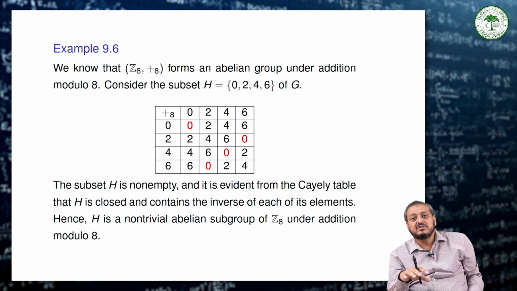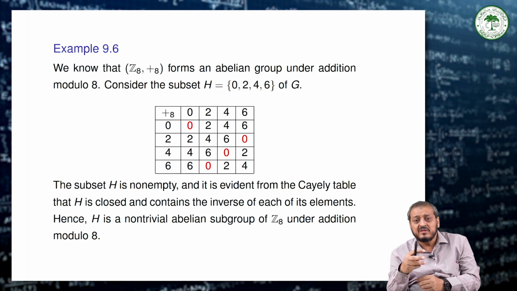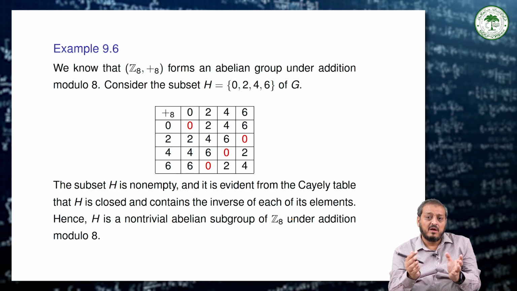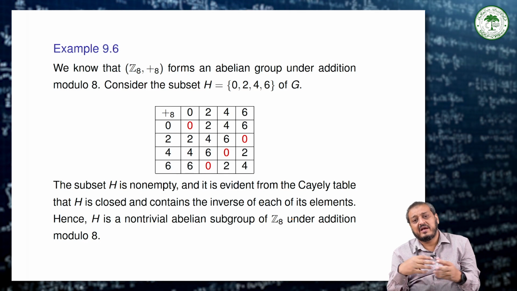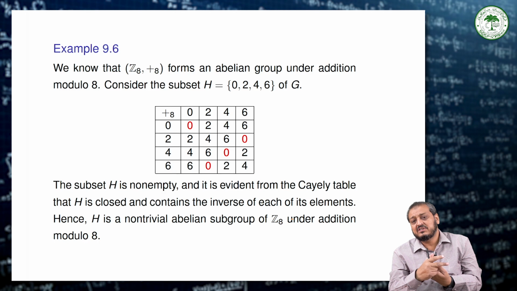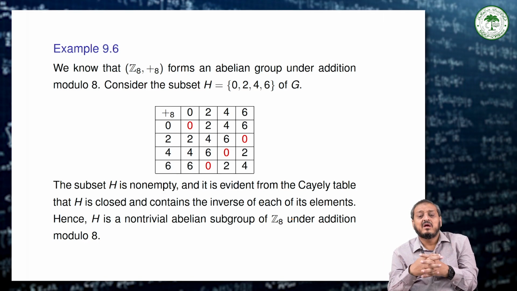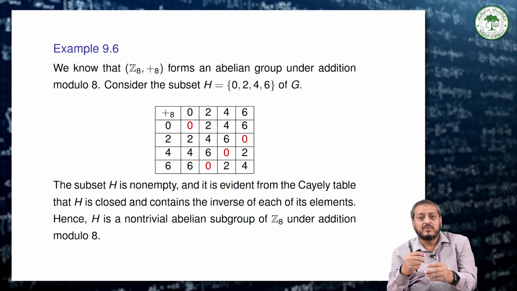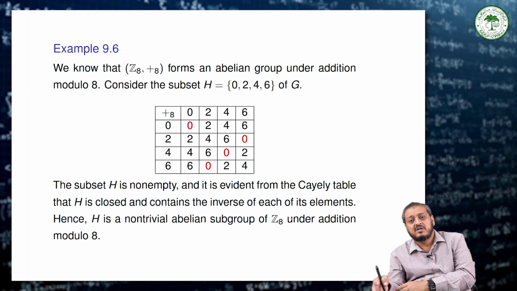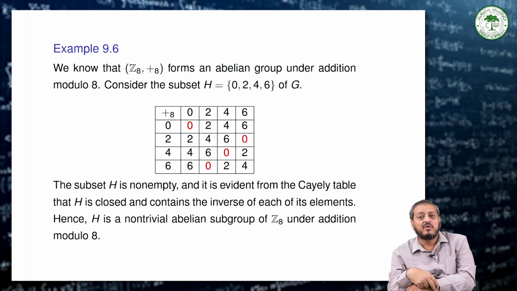By using this theorem, we do not need to check all the properties of a group. We just take that if H is non-empty, closed, and inverses exist, then H is a subgroup of the group G under the same binary operation.